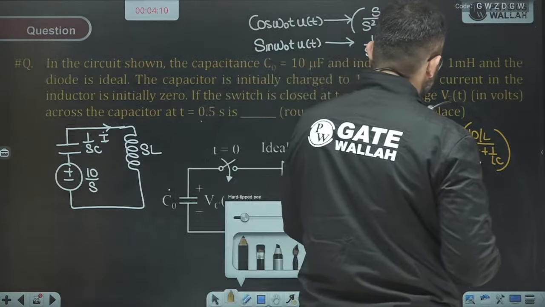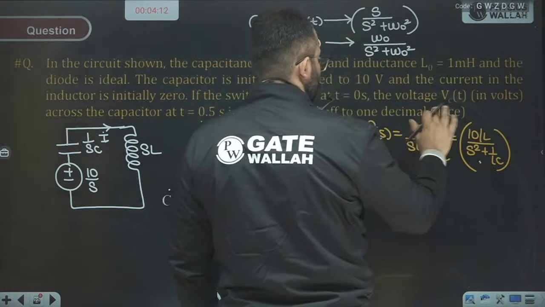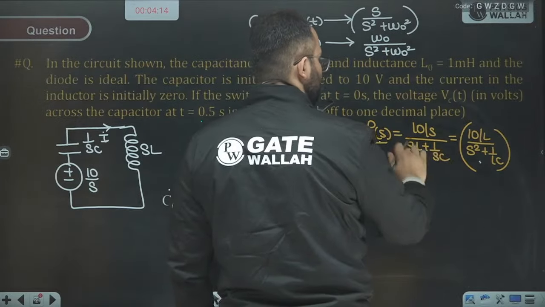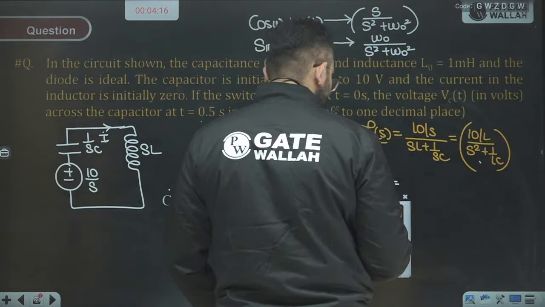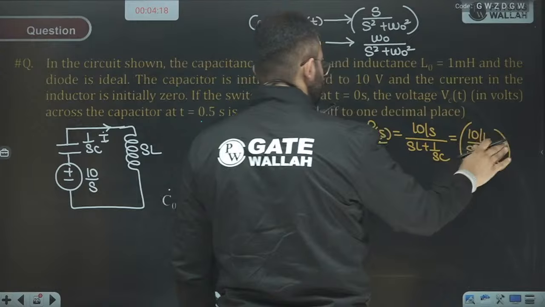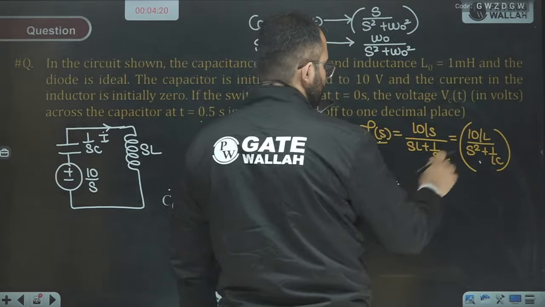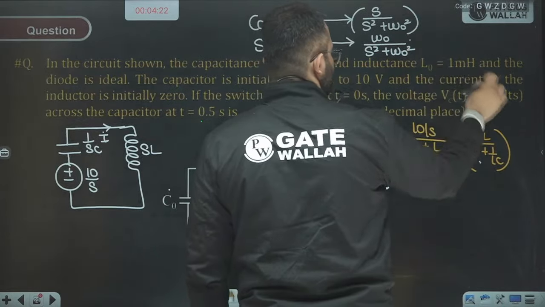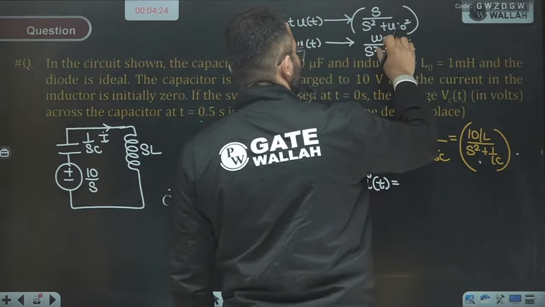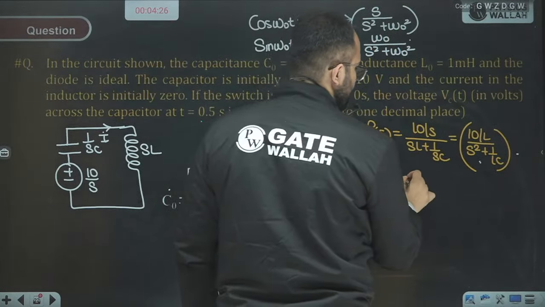Now here we can see that I(S) can be solved like this, right? If we compare this, in the numerator we should have omega naught.